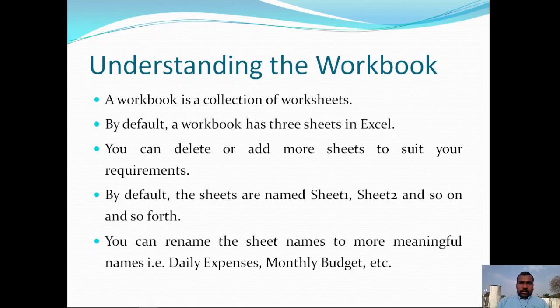A workbook is a collection of worksheets. So please note it down. A workbook is a collection of worksheets. By default, a workbook has three worksheets in Excel. The number of worksheets available in a workbook by default is 3.